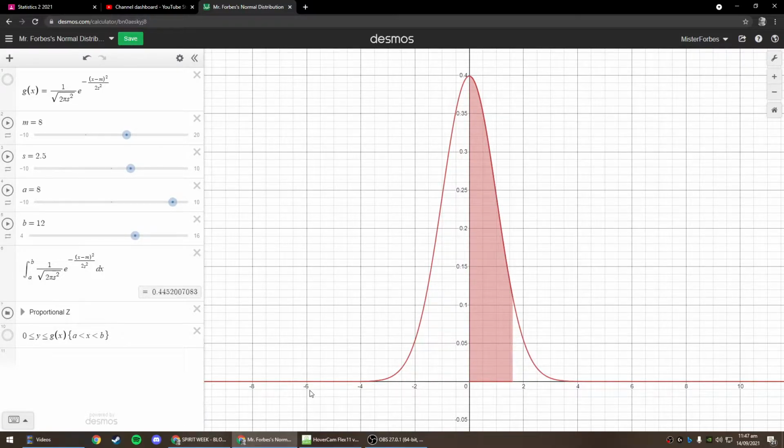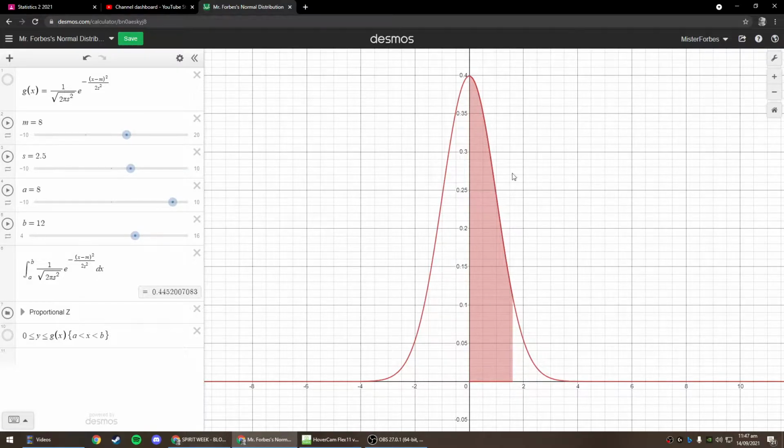The thing that we need to know is that the total area underneath the curve is equal to 1. All probabilities are between 0 and 1, right?